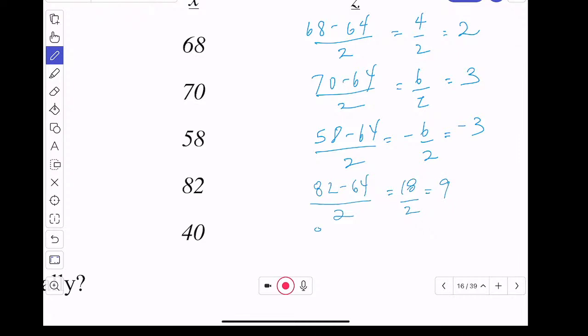And then 40 minus 64 divided by 2 is going to be a negative: 24 divided by 2, or negative 12.